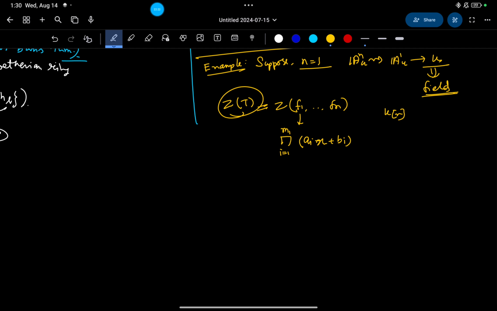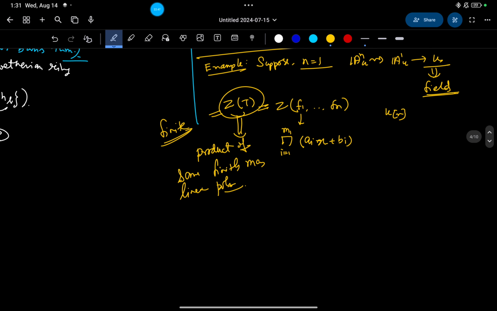Now each is finite, so ultimately I should get that Z(T) is nothing but a finite set.